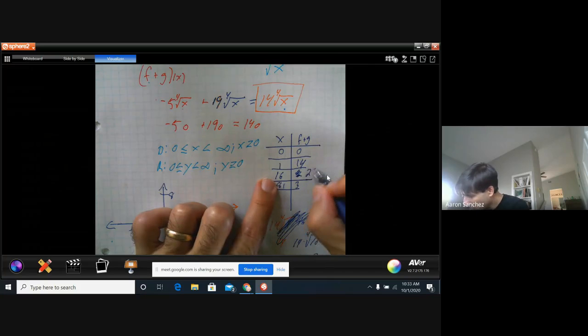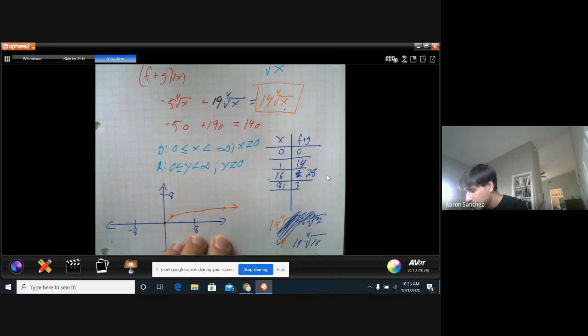So this is 28. And the same thing with 81. Ooh, I'm not going to be able to fit that. So it's 3 times 14, which is 42. Yeah, 42. So that's what I need to graph.